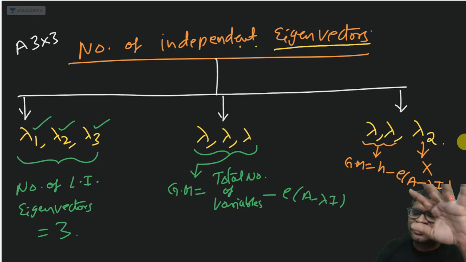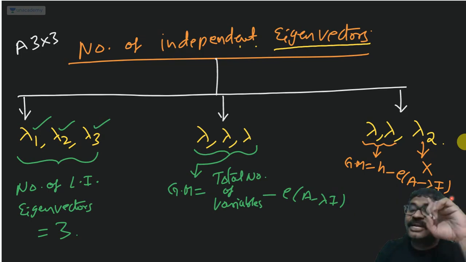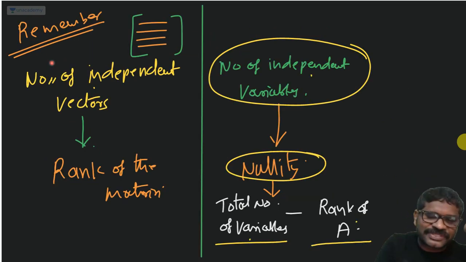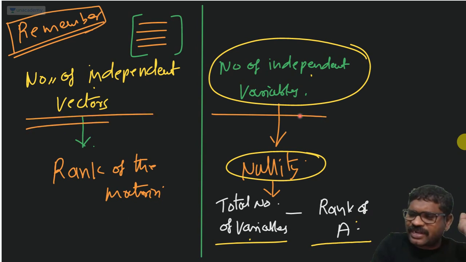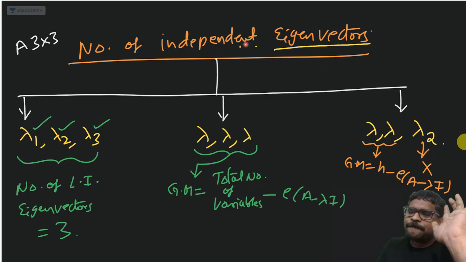Understood the concept? In entire matrix theory, 90% of students get confused in these three concepts. Very, very important. Rank concept, nullity concept, number of independent eigenvector concept. Understood?